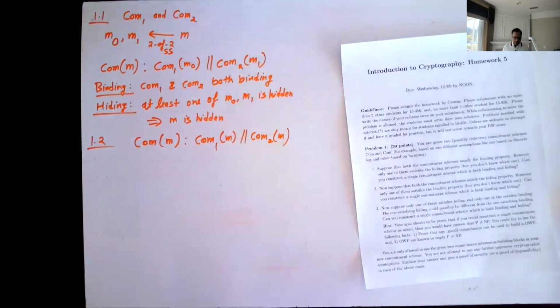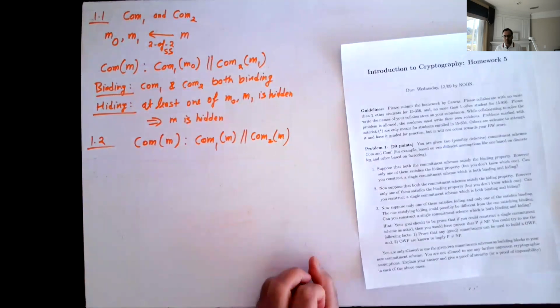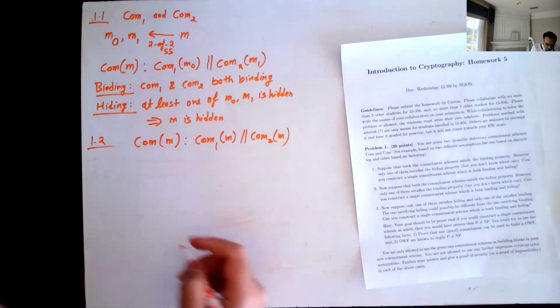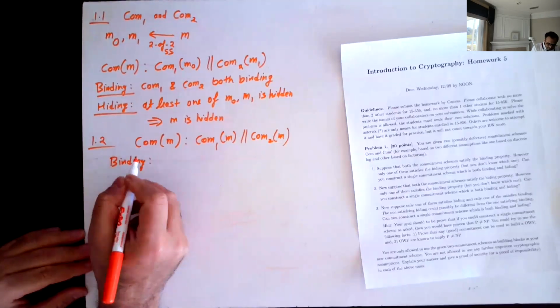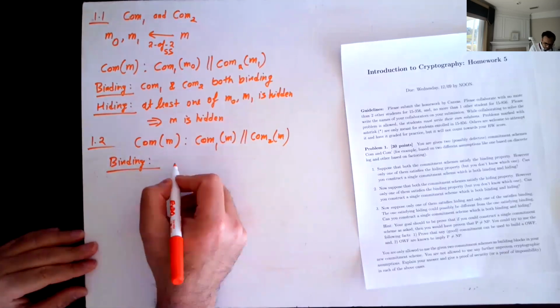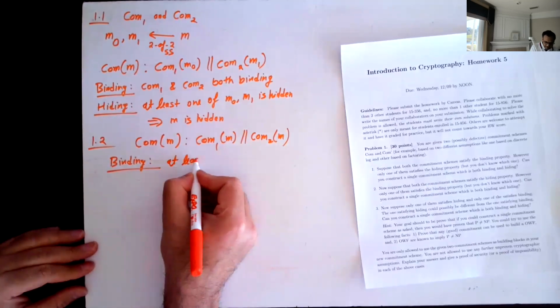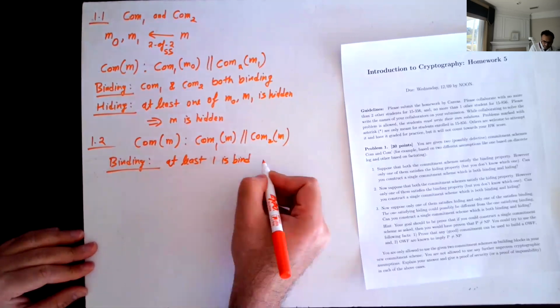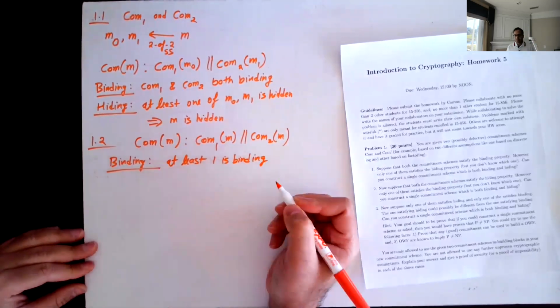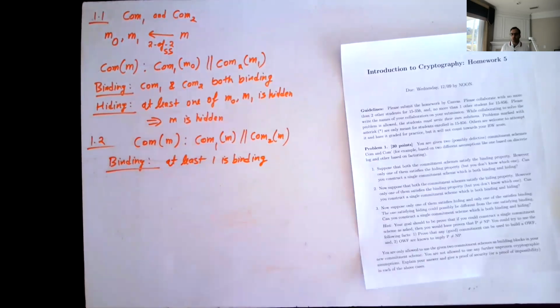Because one of them is binding, that means that the message M is already fixed. It's unique after the commitment stage. So binding follows from the fact that at least one is binding. And this means that you can only change your message in the other one, but that's not going to help you.